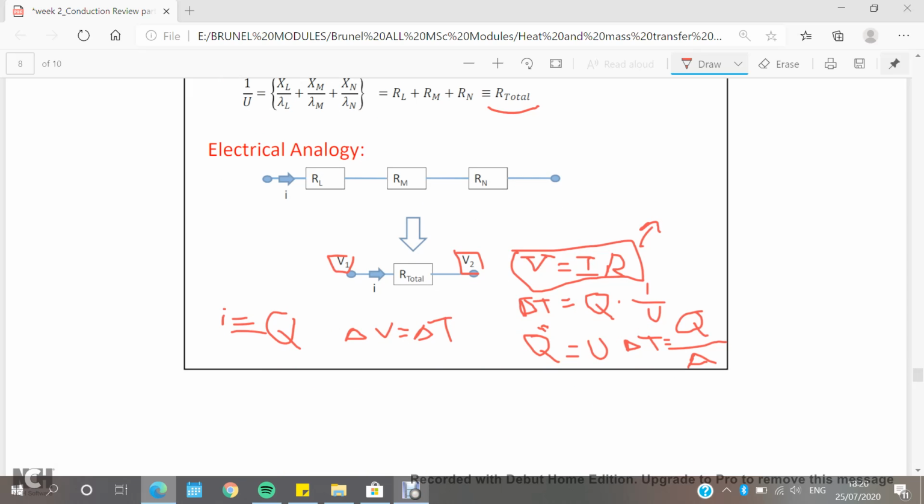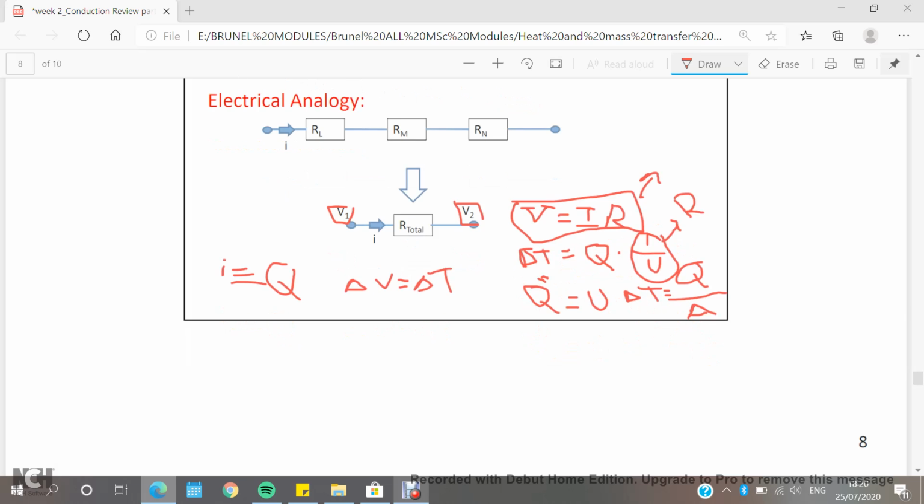So we have the heat flux Q equal to U times delta T, and 1 over U is equal to R, the heat transfer resistance.